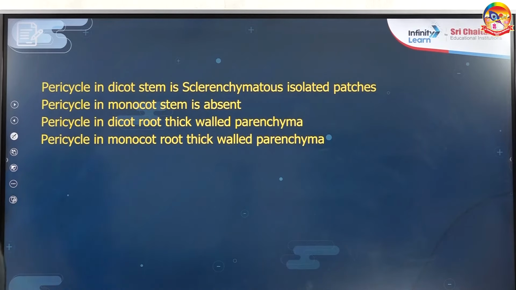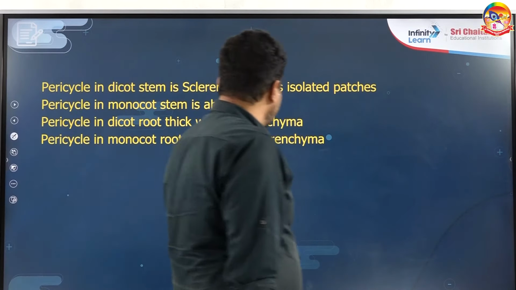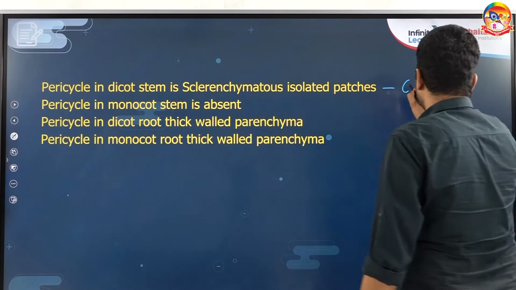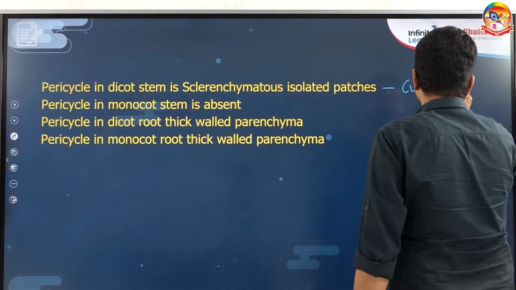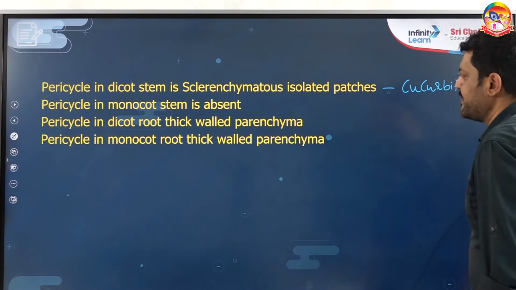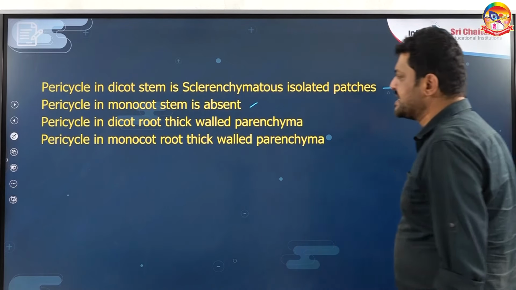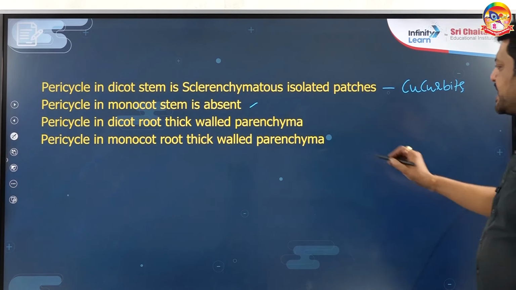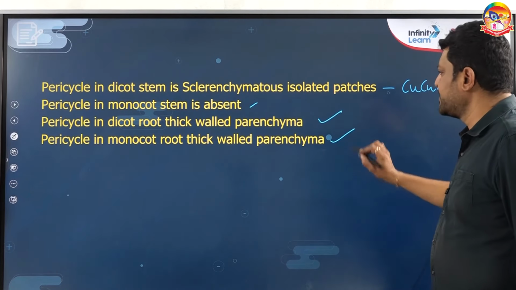Next, pericycle in dicot stem is sclerenchymatous and in isolated patches, as I told you in the case of cucurbita. Pericycle in monocot stem is absent. Pericycle in dicot root is thick-walled parenchyma, and in monocot root it is also thick-walled parenchyma.